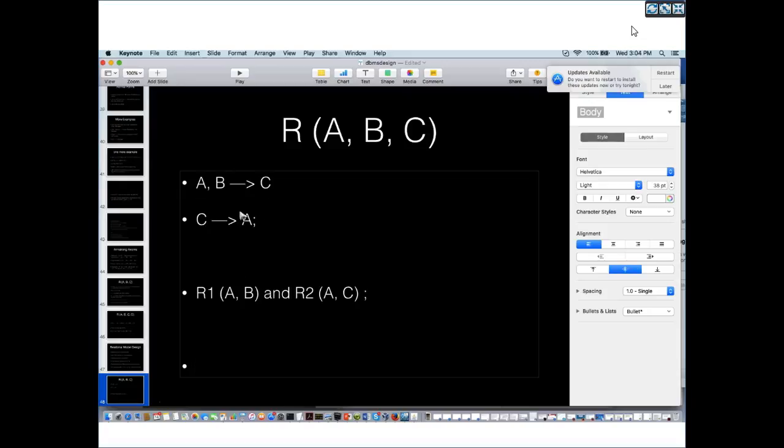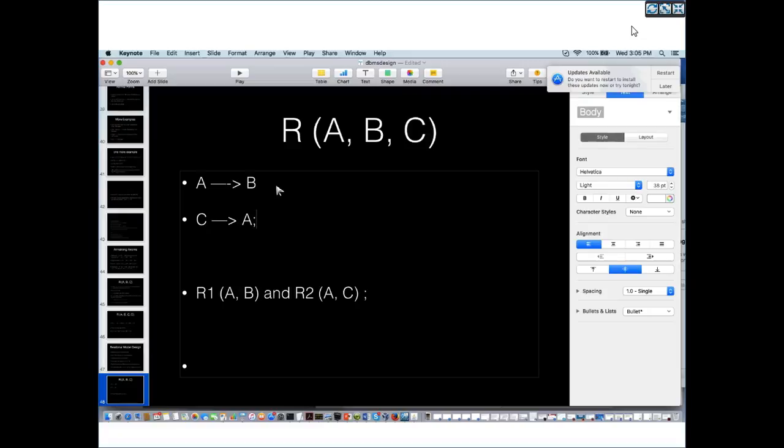None of these splits can preserve that dependency, even A and B. Even A and C can never preserve it, because you need B. A and B together are determining C. So if you just have A determining B, and B determining C, then it is possible to do this.